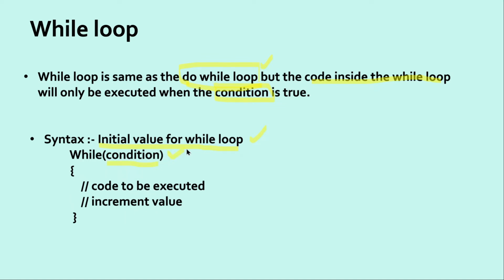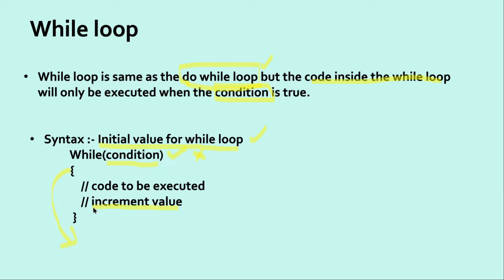If the condition is true, the code inside this while loop will be executed, and if the condition is false, then it will exit this loop, or we can say break this loop. The third thing that we need to declare is the increment or decrement value. Based on your program, or we can say the question, you can change the logic here.